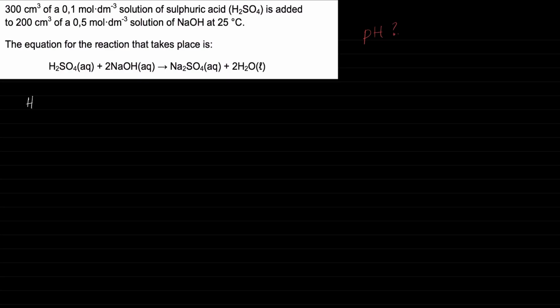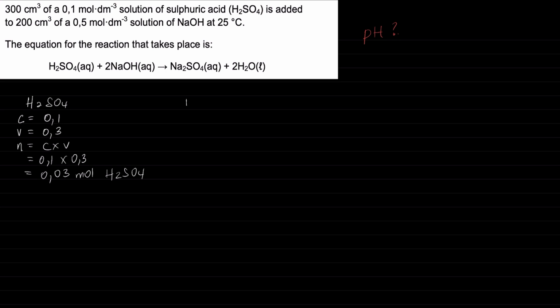H2SO4. The concentration was 0.1. The volume was 0.3. And so the number of moles is going to be C times V, which is 0.1 times 0.3. And that's 0.03 moles of H2SO4.